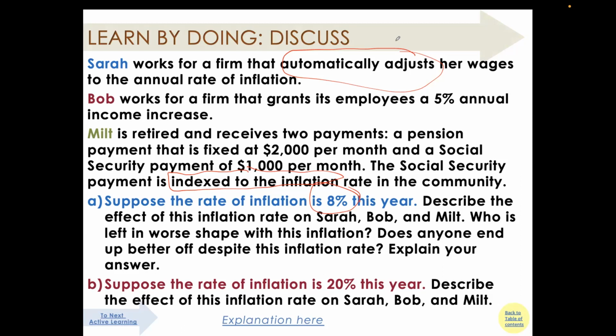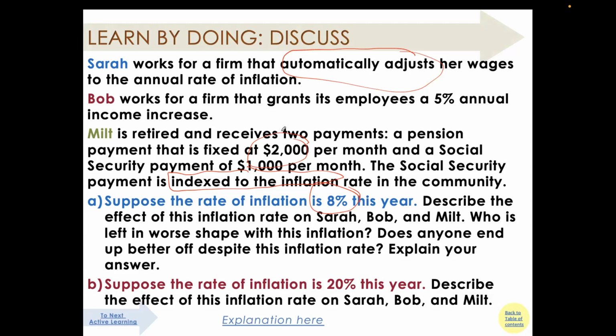Because he has 2 incomes. One is a pension, $2,000. This is not going to adjust with inflation. That part of the income is going to suffer. And he has another smaller paycheck from the government that's going to adjust. But overall, he's going to be worse off. All right. Is this clear to everyone?